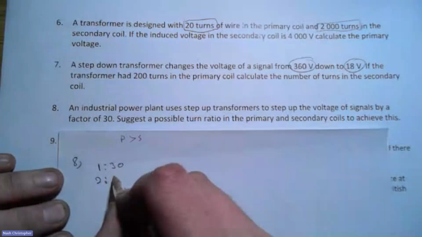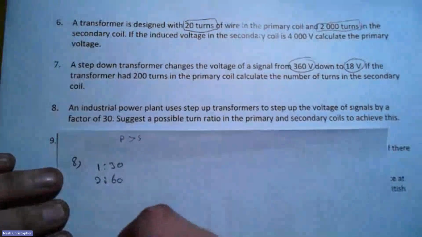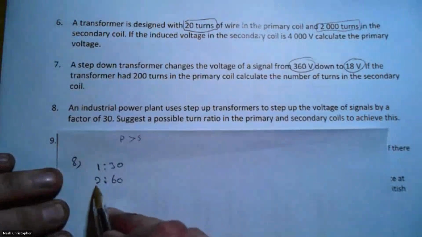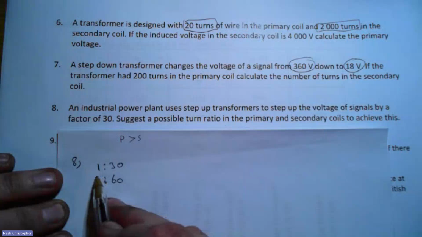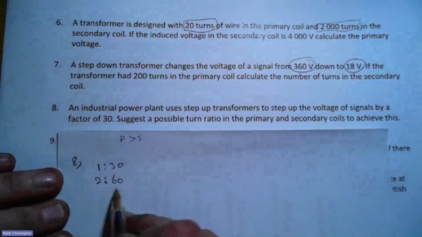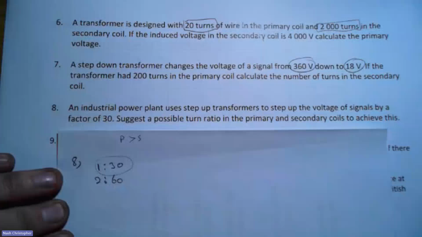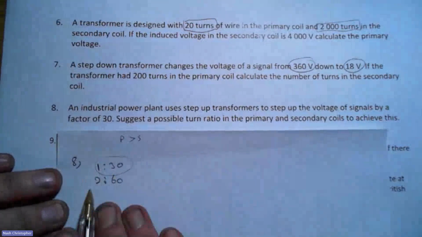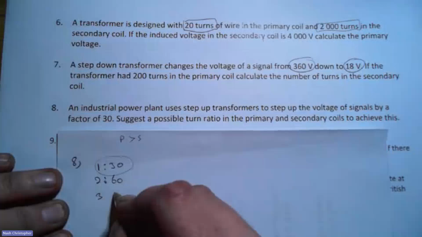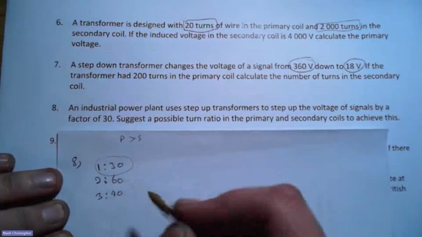So you could have 2 on one side and 60 on the other, because when you work the ratio out of that, it goes back to 1 to 30 ratio. So it's any multiples of that: 1 to 30, 2 to 60, 3 to 90.